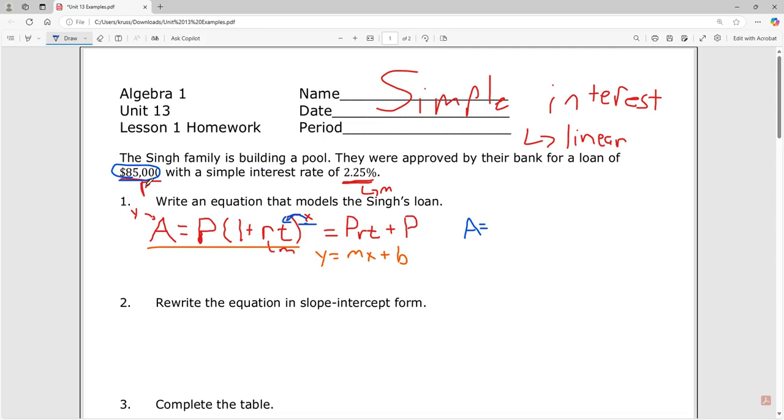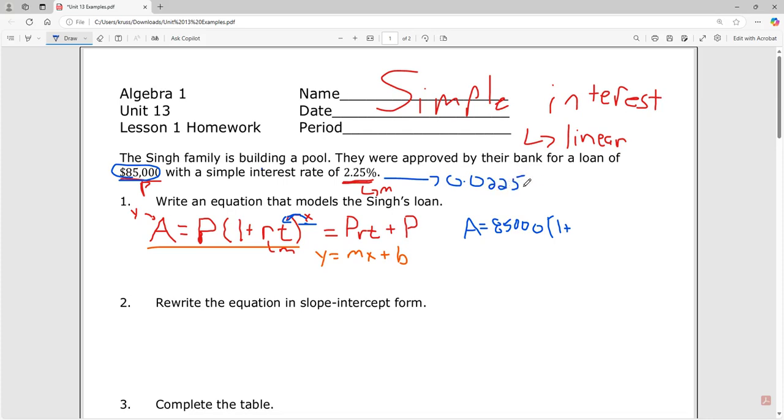But anyway, A equals 8,500 times the quantity of 1 plus R, which is the rate, 0.0225.